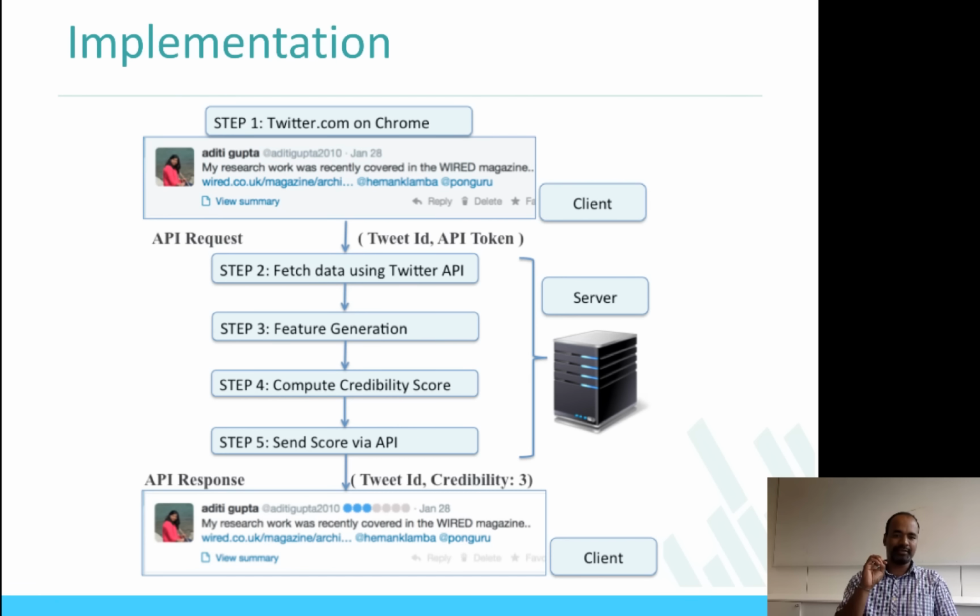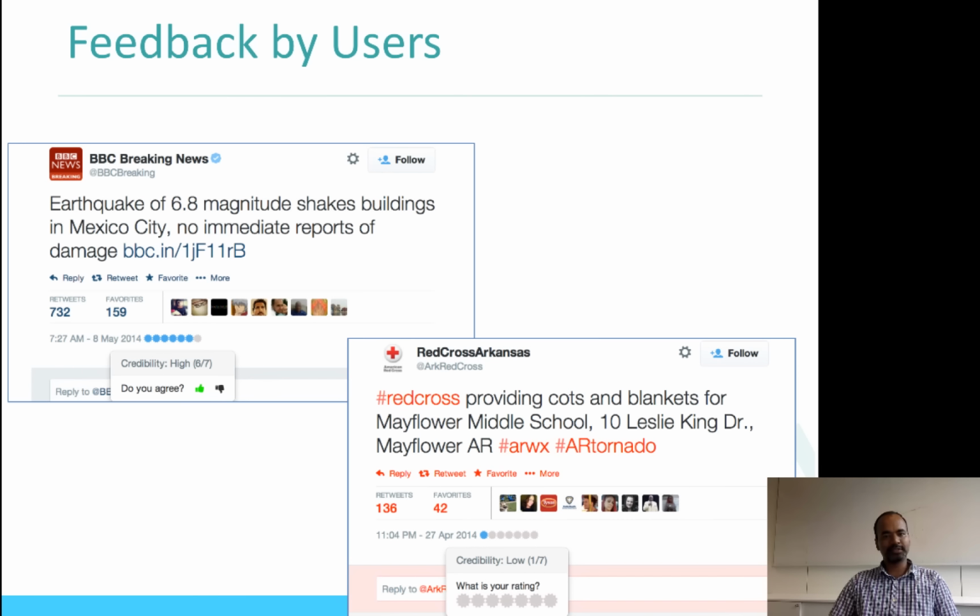The tweet is taken through the API, features extracted, the credibility score is computed with the techniques that we discussed until now, and the values are sent back to the API again. Then the tweet ID and the credibility value come back. It's presented in your timeline saying this value is actually 3 on 7, the demo that I showed you. It's a simple Chrome extension that was built to show these values.